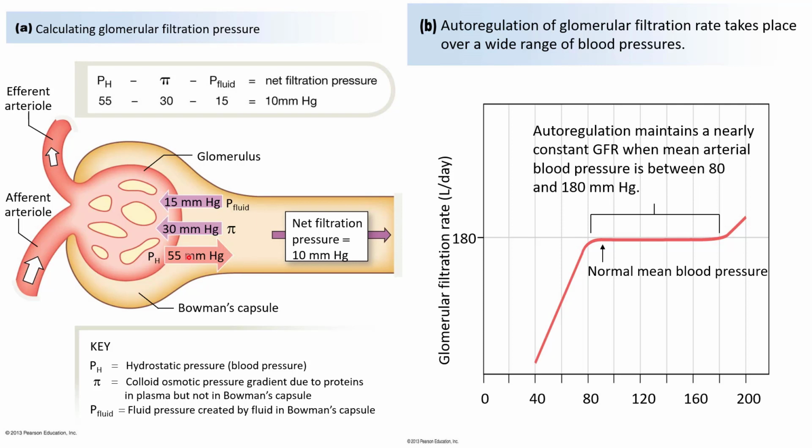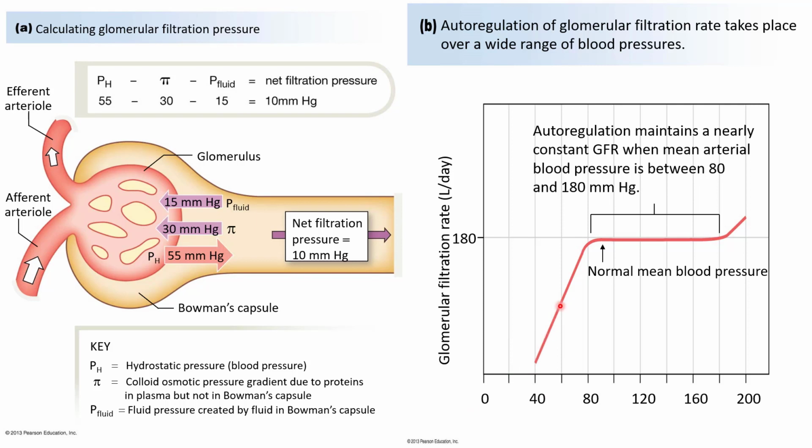Now, the body is incredibly efficient at regulating GFR, that glomerular filtration rate. And it's regulated primarily by the hydrostatic pressure found within the glomerulus. And so if we look at an average person, what we see is, at very low blood pressures, that GFR is going to be low.